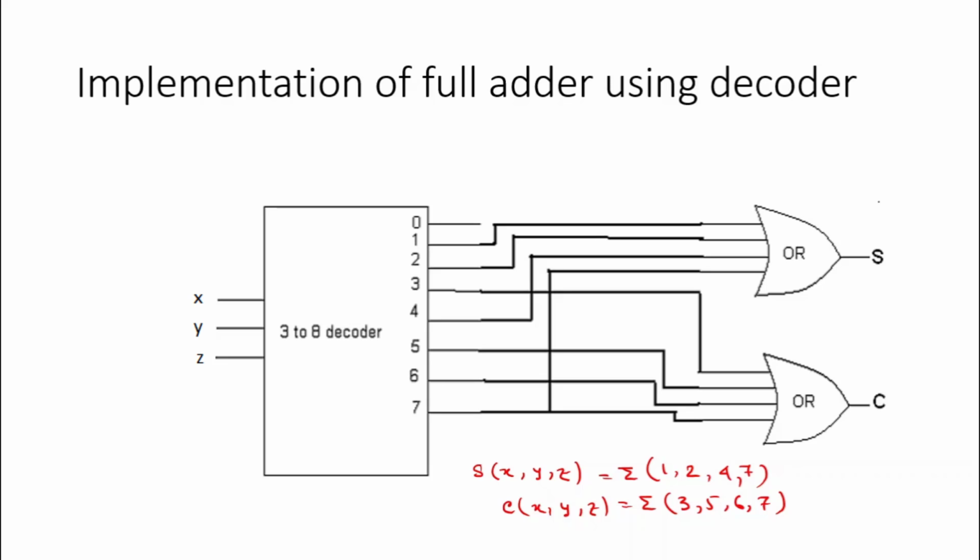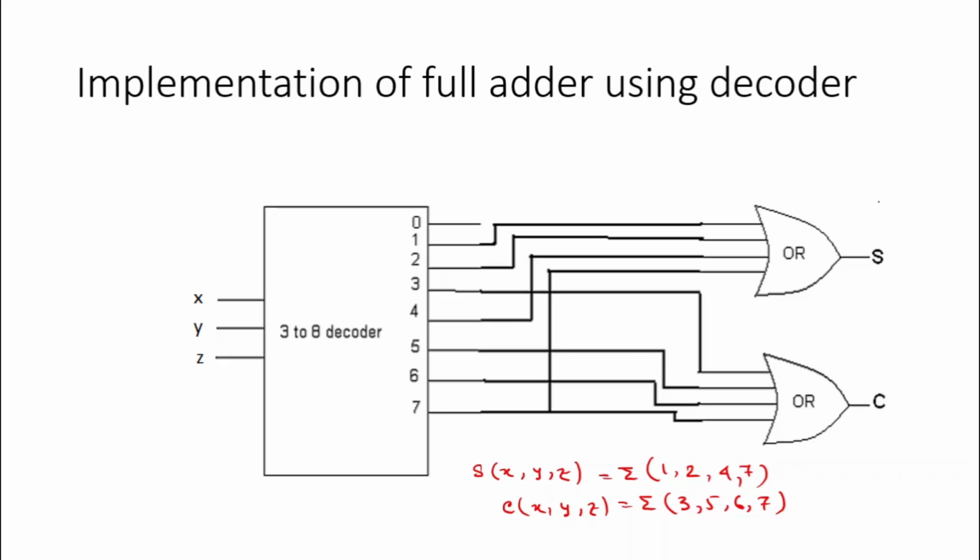Similarly, the OR gate for output C forms the sum of minterms 3, 5, 6, 7. So a function with a long list of minterms requires an OR gate with a large number of inputs.